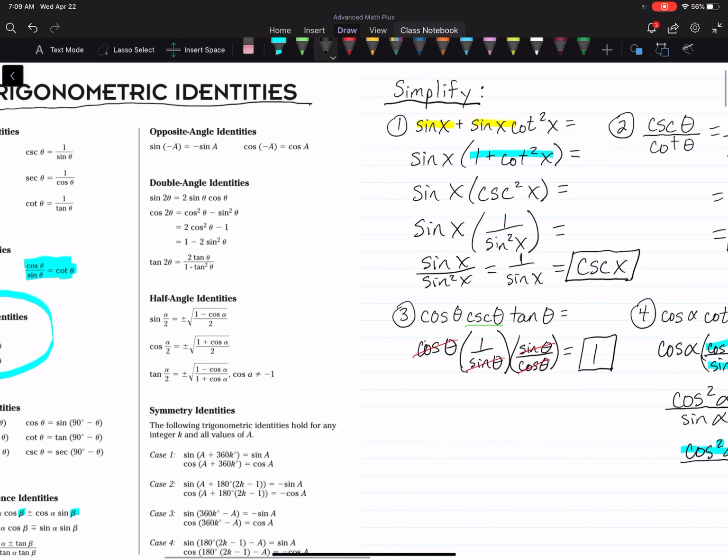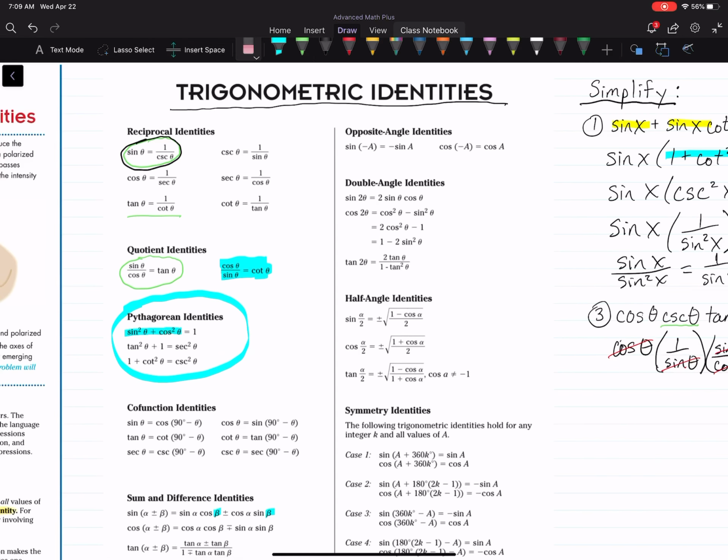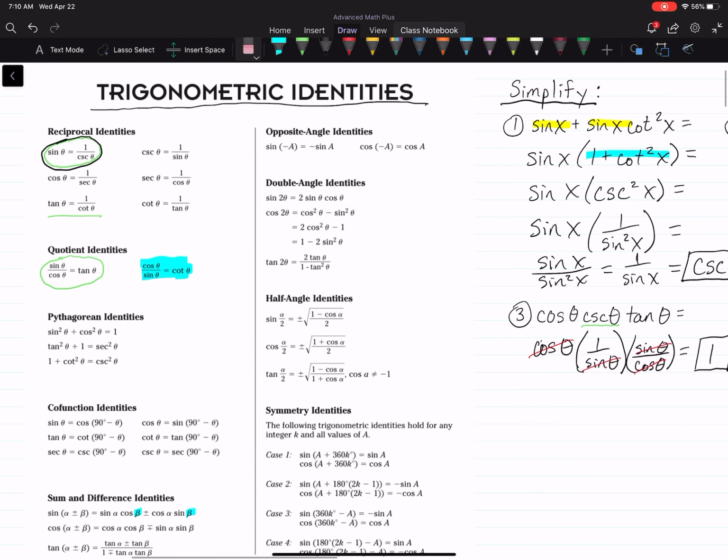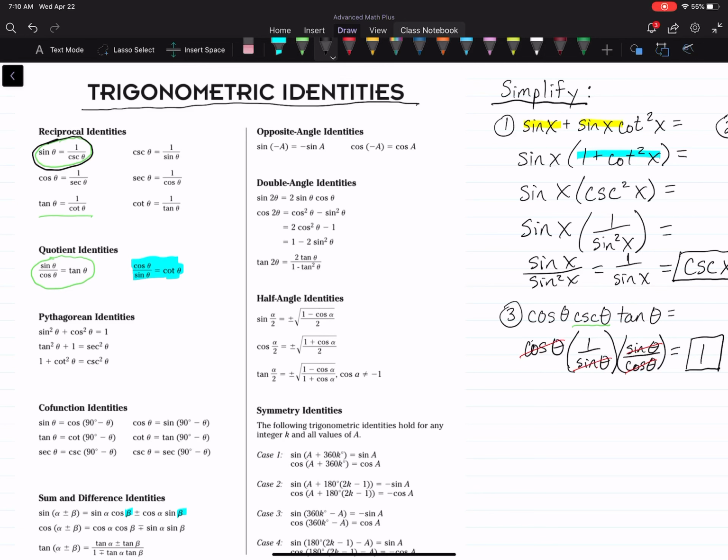Just before we leave, just a little heads up. These identities can all be used. There's more than just on this page. For example, here, the sine squared theta plus cosine squared theta. Yes, it does equal 1, but you can also rearrange it.